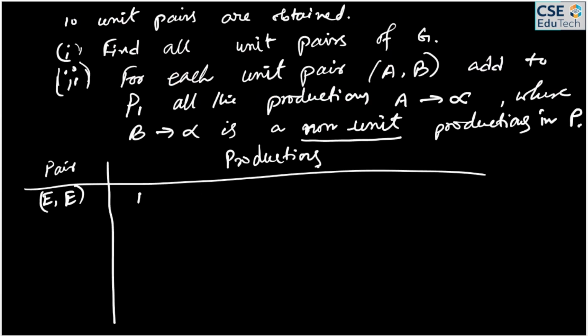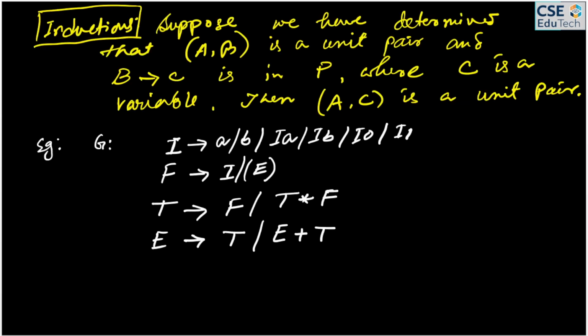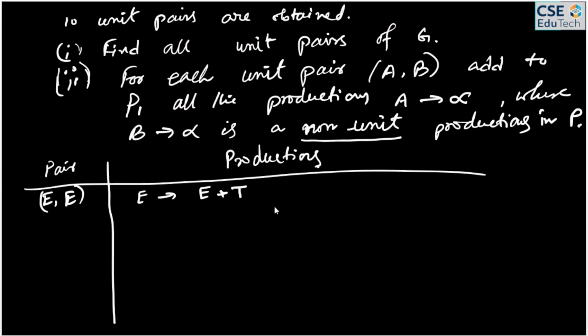So E to E plus T is a non-unit production, and E plus T will be included here, right? So always look into this. Second, we can consider that it is a unit pair of the form AB. So we include all productions A to alpha.